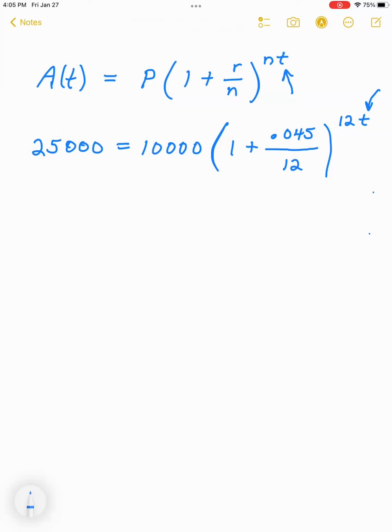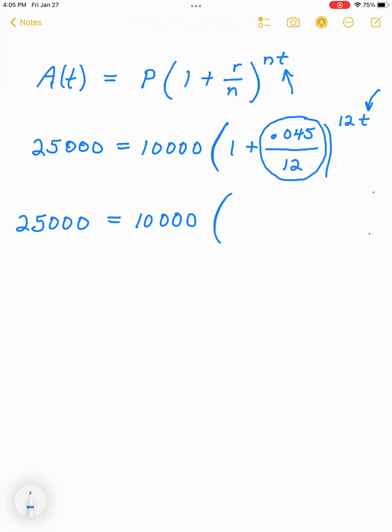Now, the first thing we'll do is work inside the parentheses. I'm thinking about the order of operations, so let me simplify that part before I jump into the rest of it. Inside the parentheses, I want to work with this fraction first, because the order of operations says that division comes before addition.